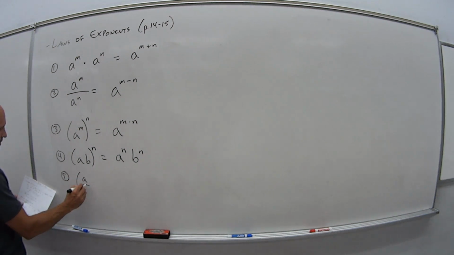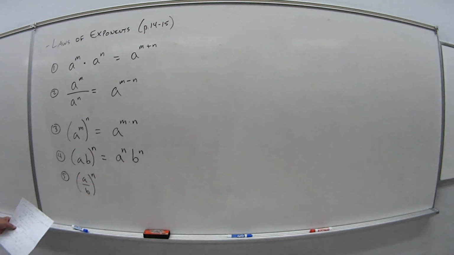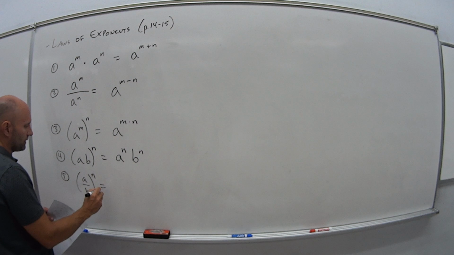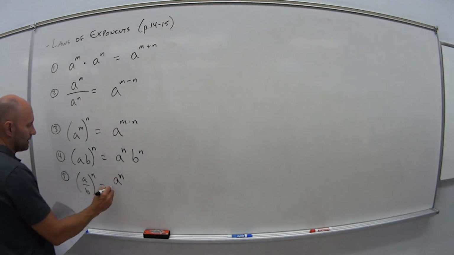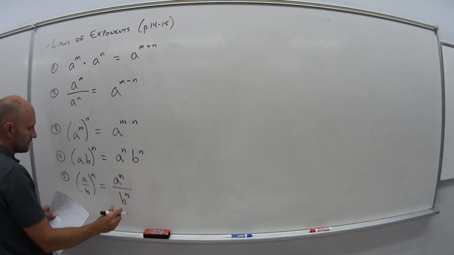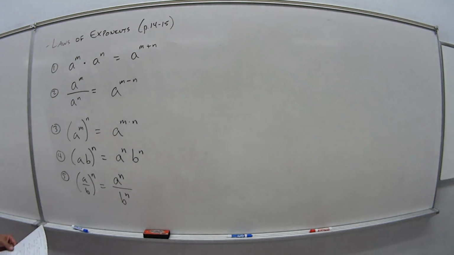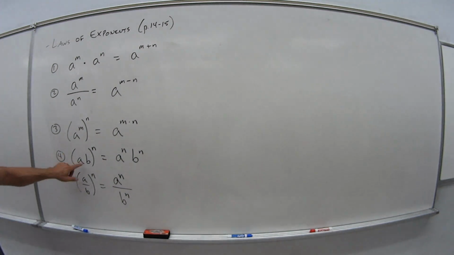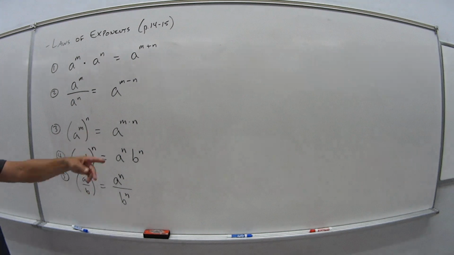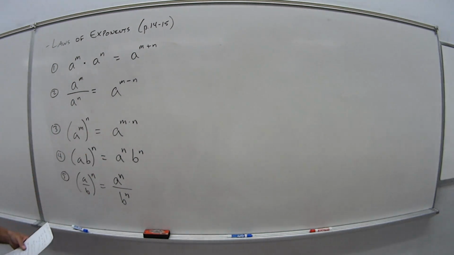Similarly, if I have a fraction inside, a over b all to the n power, I can still distribute the exponent here, a to the n over b to the n. So you notice here the bases don't have to be the same number, it's just the exponent that follows along with it.